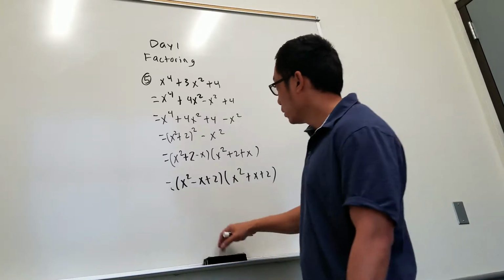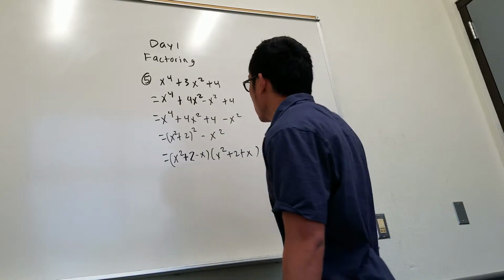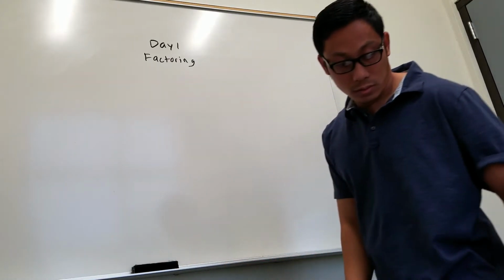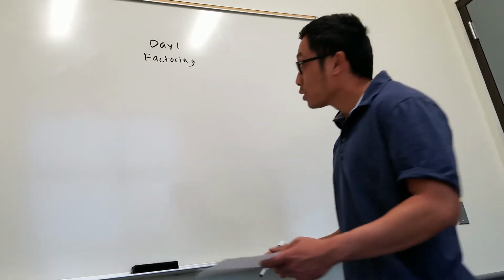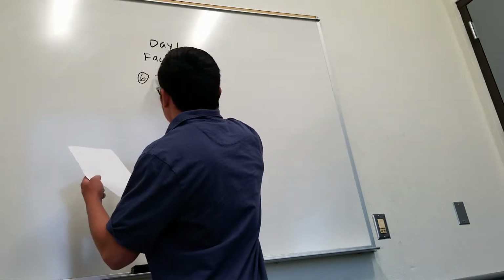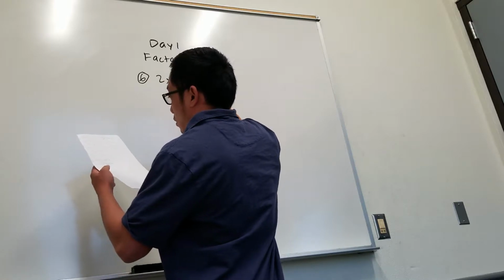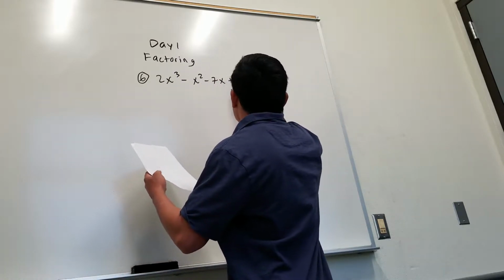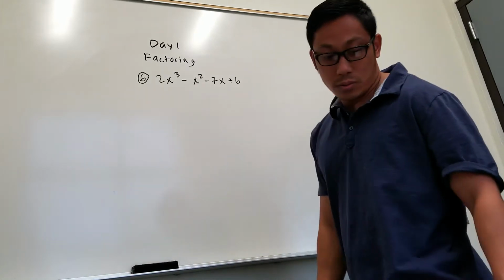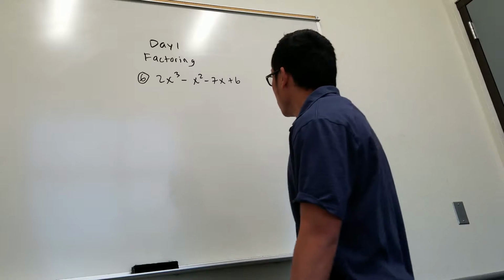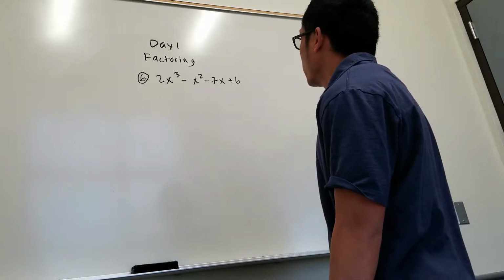So let's do another one. When we first look at it, we're thinking about factoring by grouping because you have 4 terms, right?